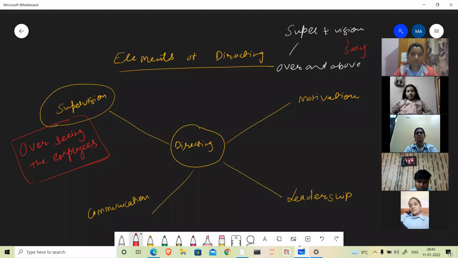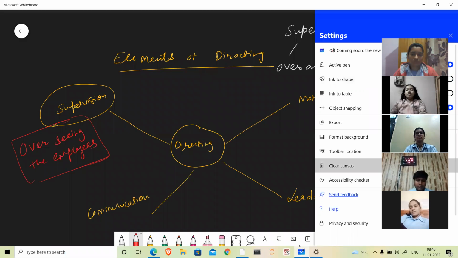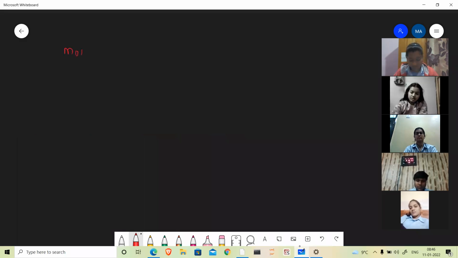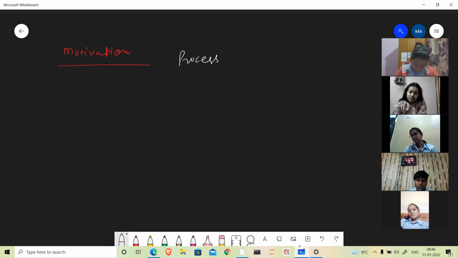So how can we define motivation? You can note it down, or you can underline it in your books. Motivation is a process. It is a process of stimulating. Stimulate means to induce, to encourage.